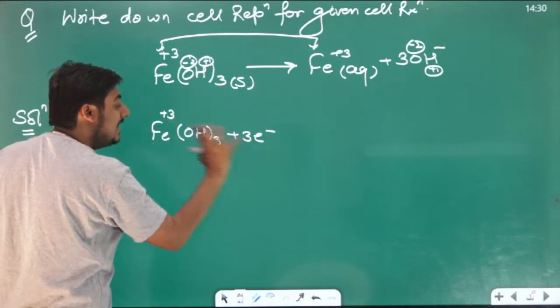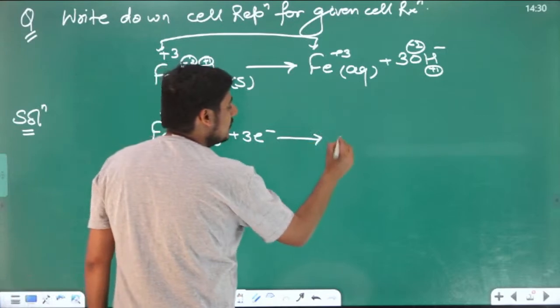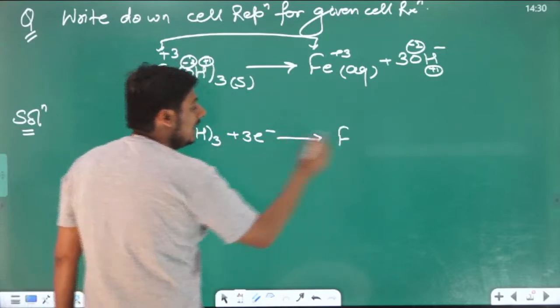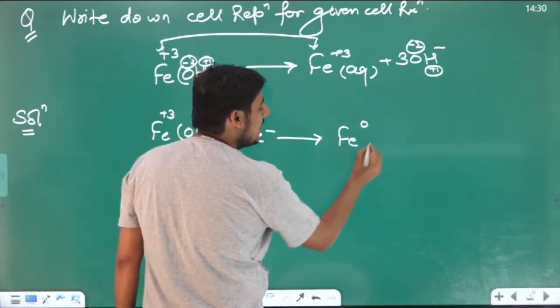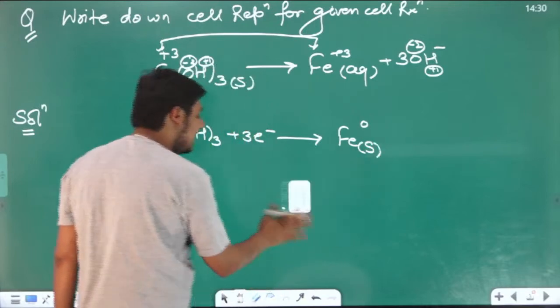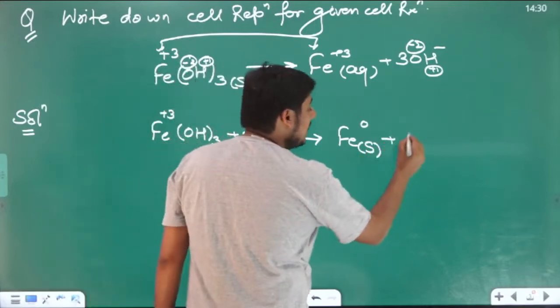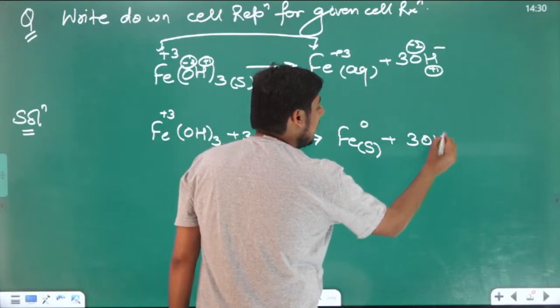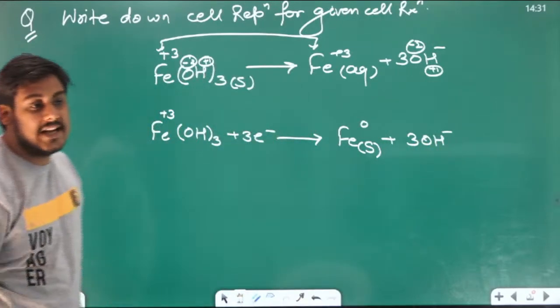So I will use 3 electrons this time, and this will convert my Fe3+ into Fe in zero oxidation state, and metal in zero oxidation state is solid, as well as it will liberate 3 OH- ions.